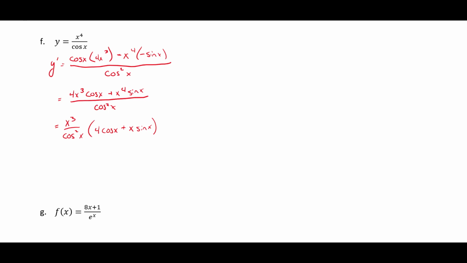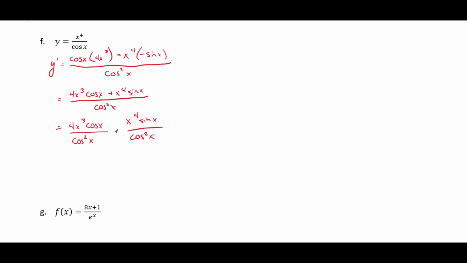What I would start out doing is I would just break this up into two separate rational pieces, right? So undo the fractional addition if you think of it that way. So make this 4x³ cosine x over cosine² x plus x⁴ sine x over cosine² x.